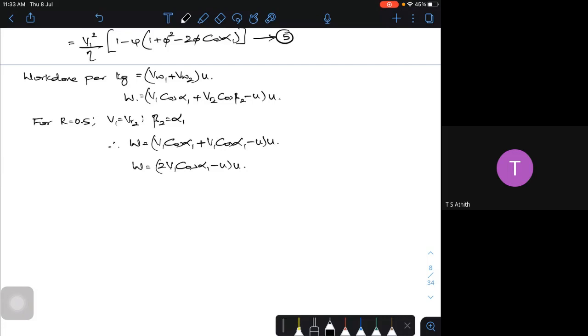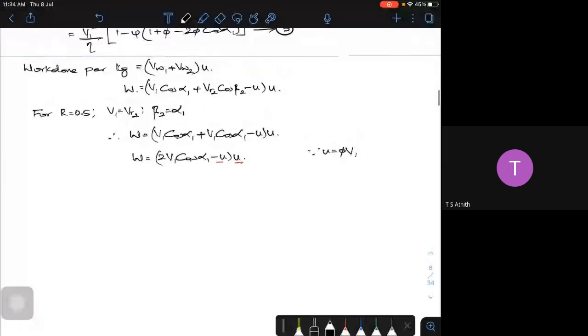Now, we know this phi is equal to U by V1, so wherever U is there, I can write it as phi into V1, because your U is equal to phi into V1. I want everything in terms of V1. I'll substitute for that.